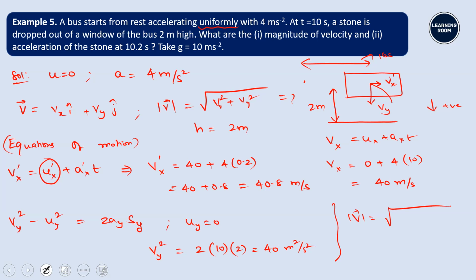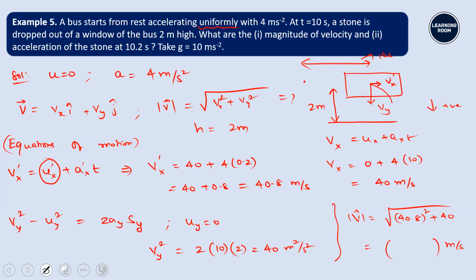It will be root of 40.8 the whole square plus 40. Here I did not square it because I already have a square value. From this, if you calculate, that is going to be the value of the magnitude of velocity, which is the speed basically.